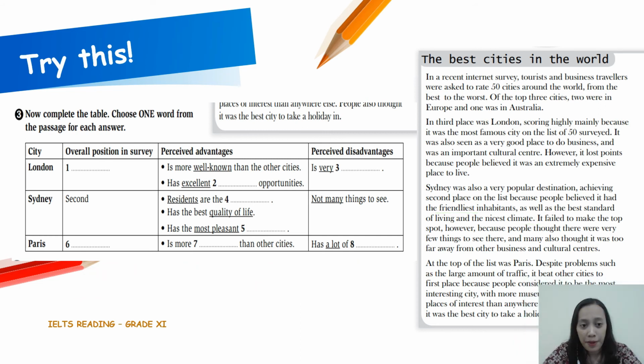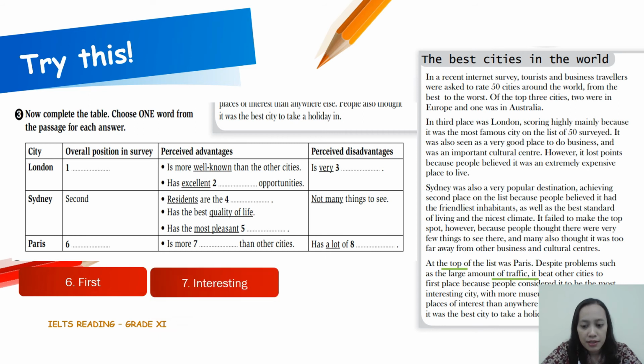And the last city is Paris. Here we can see in the text that Paris is described clearly in the 4th paragraph. So for blank number 6, it is talking about position in the survey. We can see that Paris was at the top of the list, so it means that Paris has the first position in the survey. Next is blank number 7, the advantage of Paris.